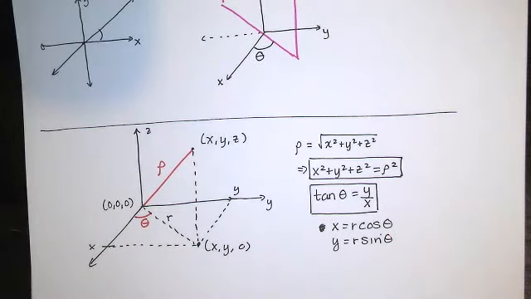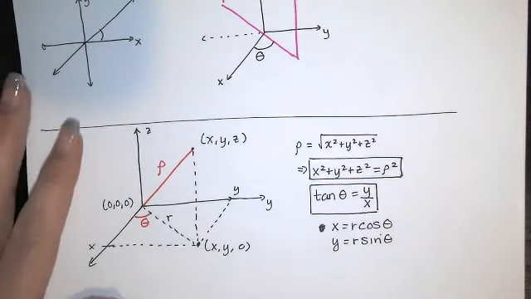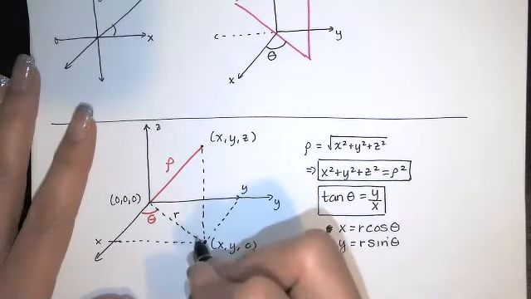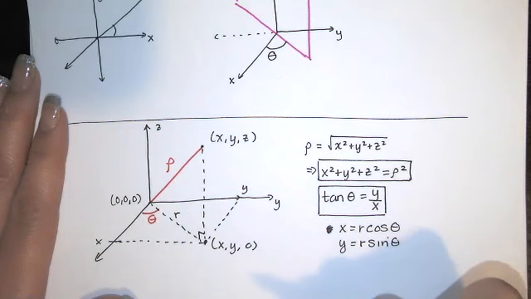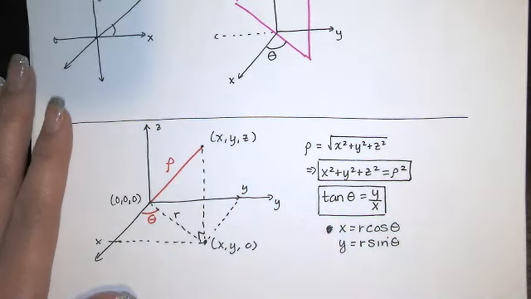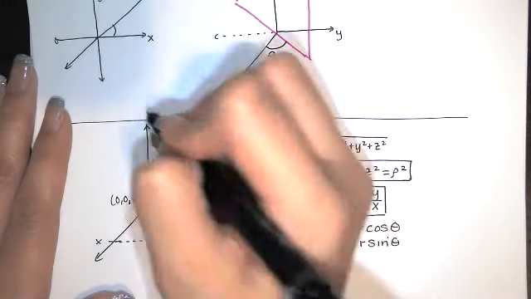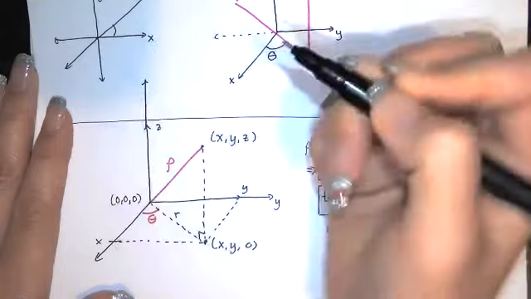But r is not a part of our coordinate system anymore, so we need to get rid of r and get from r to phi. So you have to ask yourself, how is r related to phi, and how is r related to rho over here? Well, it's hard to tell, but there's actually a right triangle right there. And the hypotenuse of that right triangle is rho. And if this angle, let me extend this a little bit.